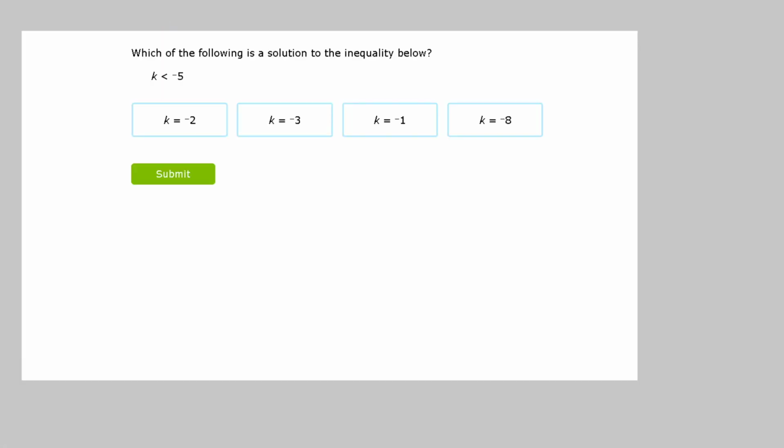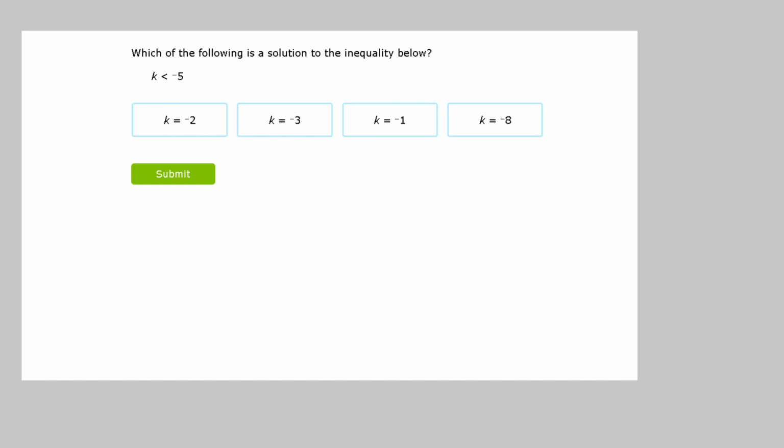So we always put it towards the open mouth, towards the bigger number. So think of it as a little alligator or whatever. Okay? That's what we're going to keep in mind for this assignment.